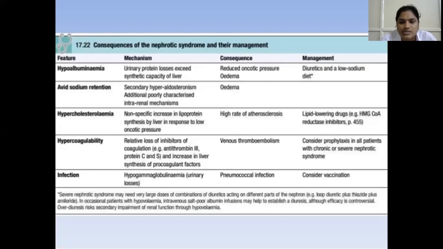In hypovolemia, salt poor albumin infusions may help, so salt poor albumin infusions can be used in the hypovolemic state. Overdiuresis is a risk and leads to impairment of kidney function and hypovolemia. For this reason, diuretics should be given very cautiously.